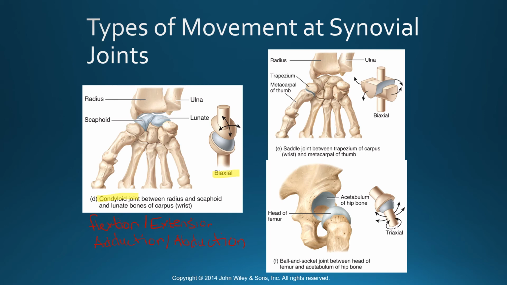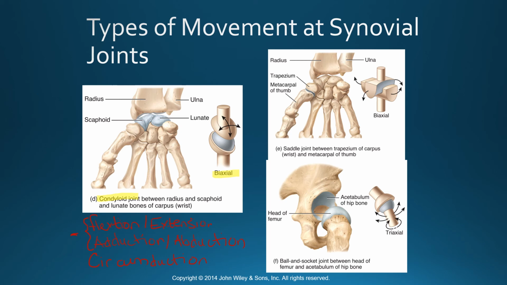Examples of condyloid joints are going to be the radiocarpal and also the metacarpophalangeal joints. This also allows for limited circumduction movements as well. And remember that circumduction isn't an isolated movement, but it's all four of these movements together.